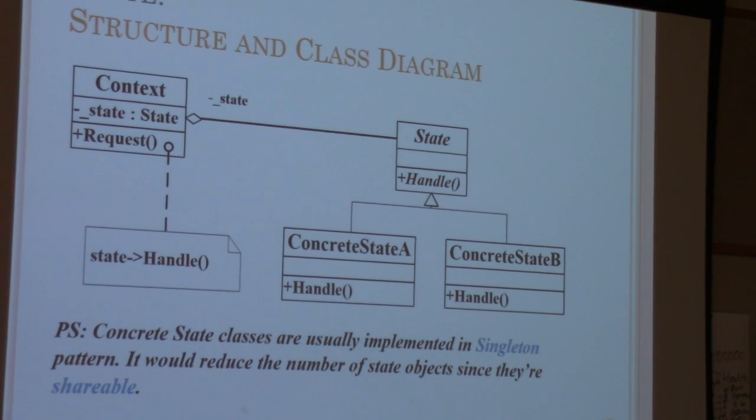I'm just calling it handle, and it is overridden. So they are all different methods, but in these different states. And now these state classes are what I am pointing to.